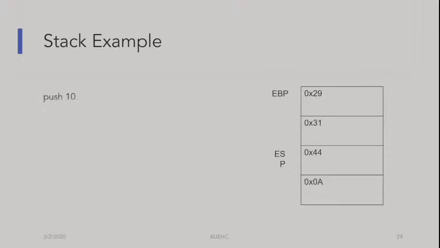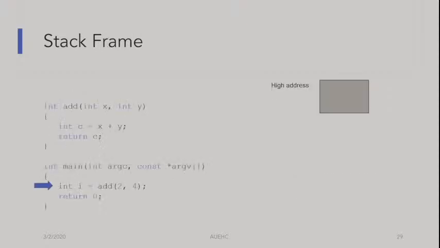When we push 10 onto that, you can see it's 0A. What is that in decimal? 10. Okay, cool. Push 40. What's 28? 40. Good job, John. We pop EBP, and then we push EBP.